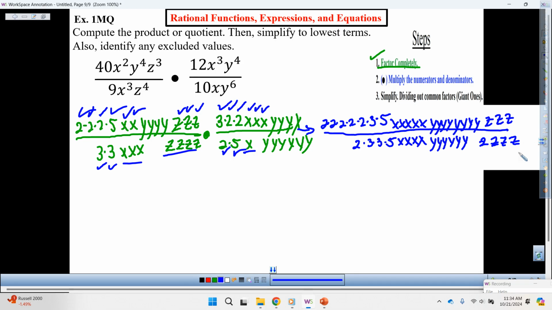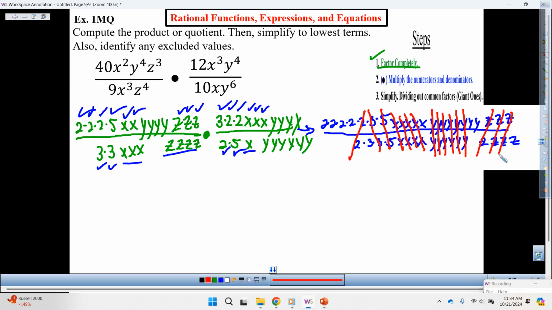So far so good? Giant ones. Help me out, Geo. The 5, the 3, and a 2. What else? 4 x's, 6 y's, 3 z's.